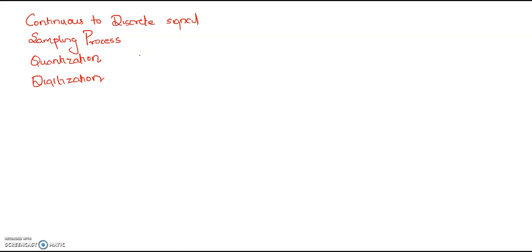So let us assume we have a continuous signal, and it is shown in the graph being drawn over here. I'm drawing a pretty big graph; this is my time axis and this is my x of t.